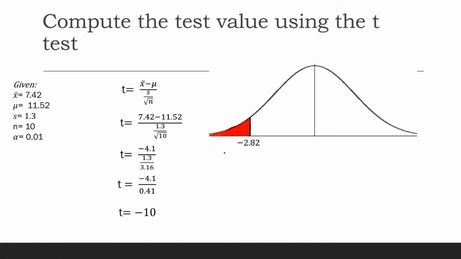So, negative 10, so, this is negative 2.82. So, let's say nandito, so, rejection region pa din yan. So, let's say nandito yung negative 10 natin. So, therefore, the decision is reject. So, we will reject the null hypothesis.